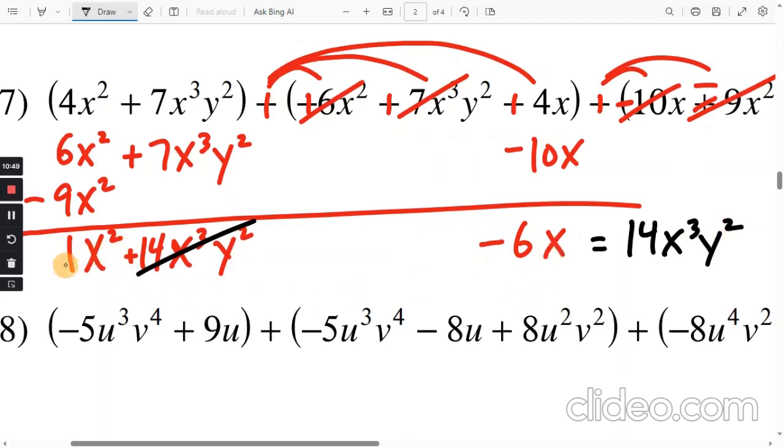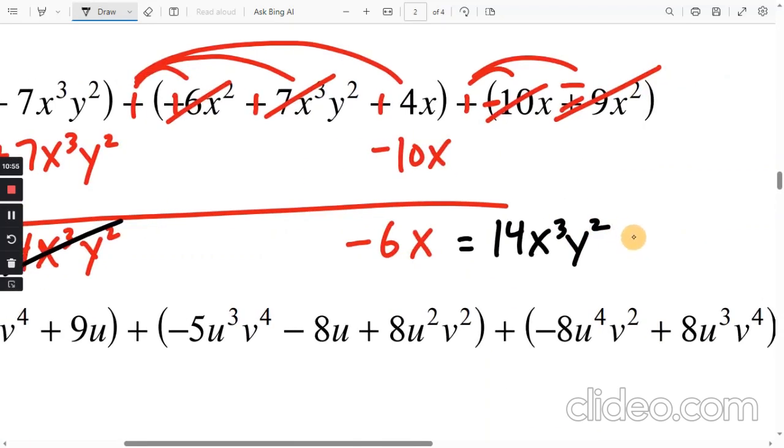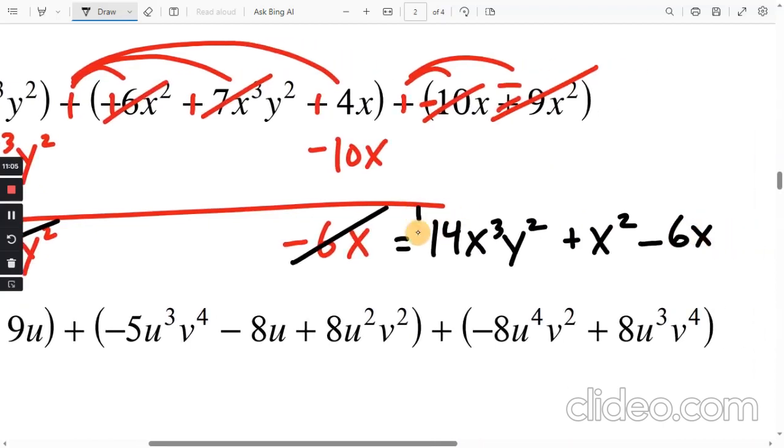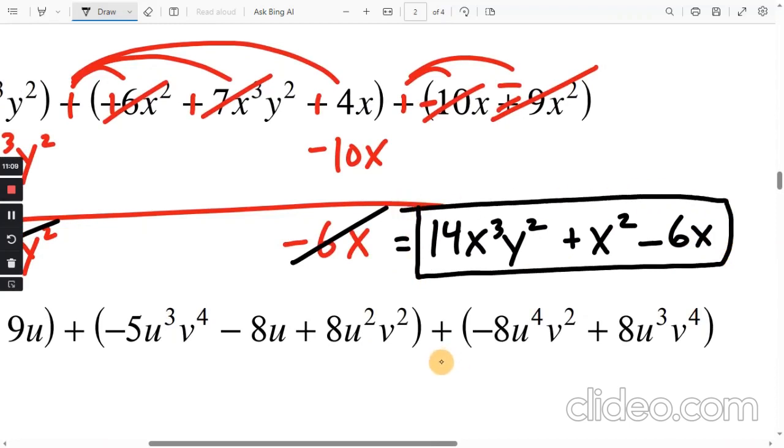So I'm going to keep the 1x squared next. But 1x squared is just the same as x squared. So you don't need the 1. That's positive x squared. And finally, negative 6x. All right. So that's it right there.